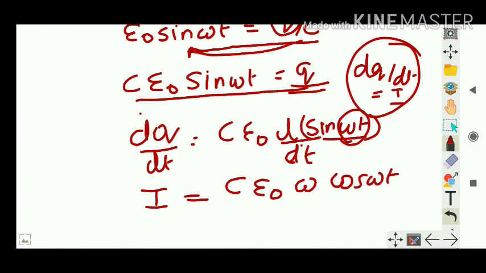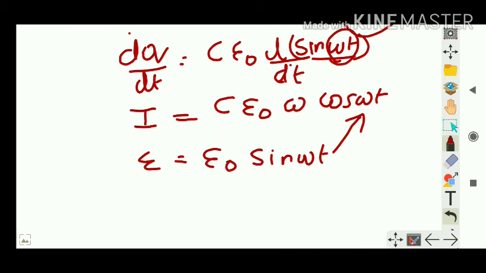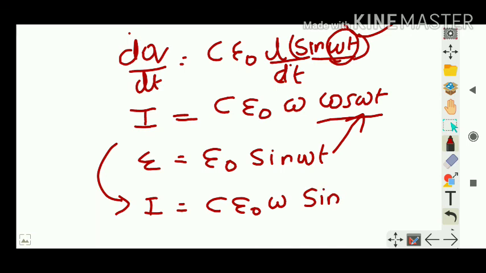Right? Now, moving on, I have to write this simply in terms of sine function. Why? You have epsilon is equal to epsilon naught sine omega t. So I want to write current also in terms of sine itself. So how can I write current? I will write I is equal to C epsilon naught omega, keep it as a constant term, and in place of cos, I am going to write sine omega t plus pi by 2.